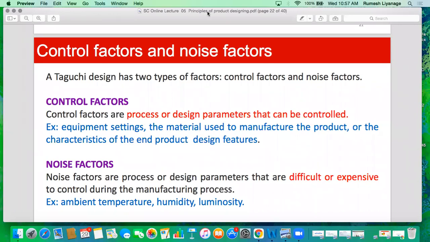But when it comes to noise factors, it is difficult and expensive. It means humidity and light condition are noise factors. So we can easily control control factors, but it is difficult or expensive to control noise factors.